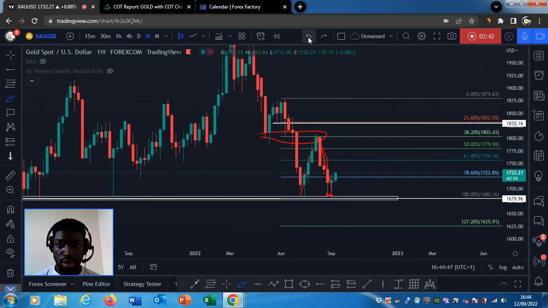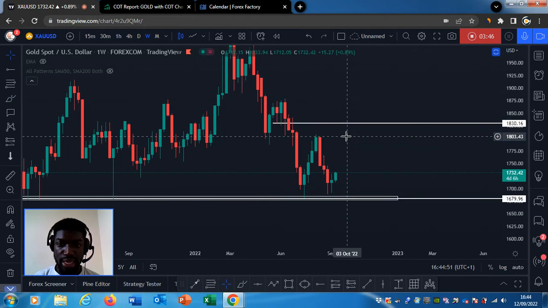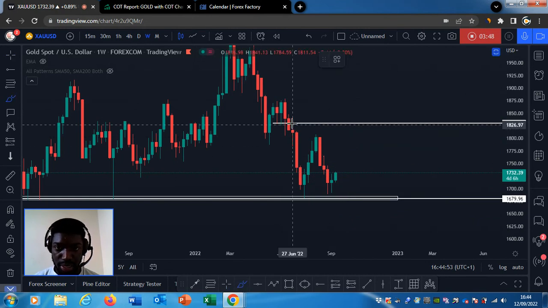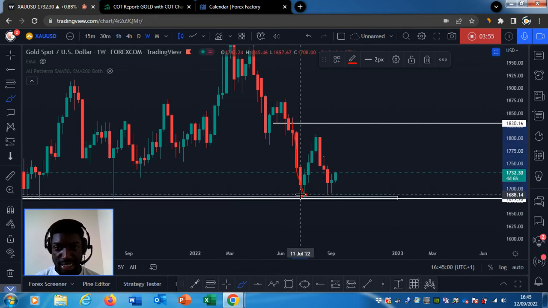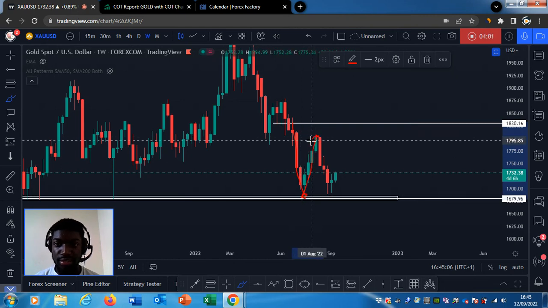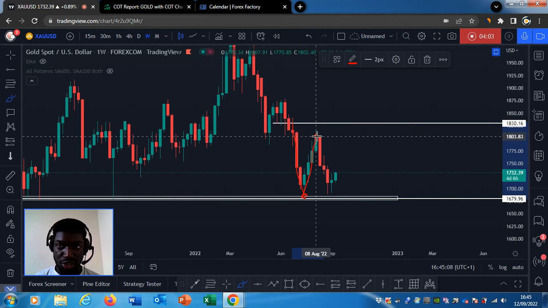Right now, what we're seeing is what we call a double bottom here. The reason I say double bottom is, guys, pay attention carefully. We had price drop and test the monthly support. Price failed to break it, rejected it, and went straight back to test the 38.2 Fibonacci ratio.